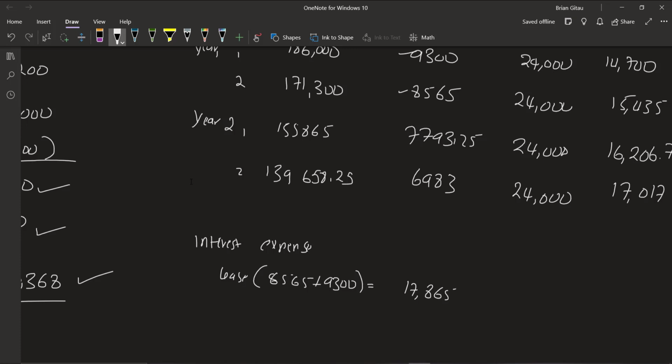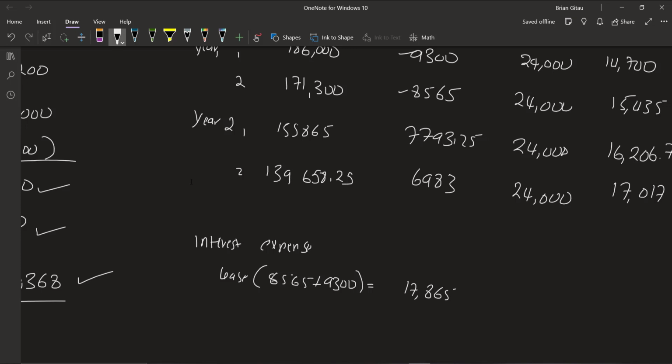And also from our trial balance we are told that the interest paid on loan stock was 18,000.